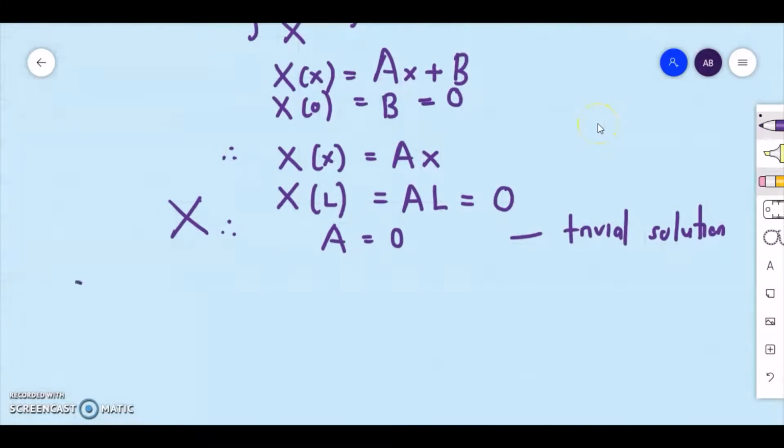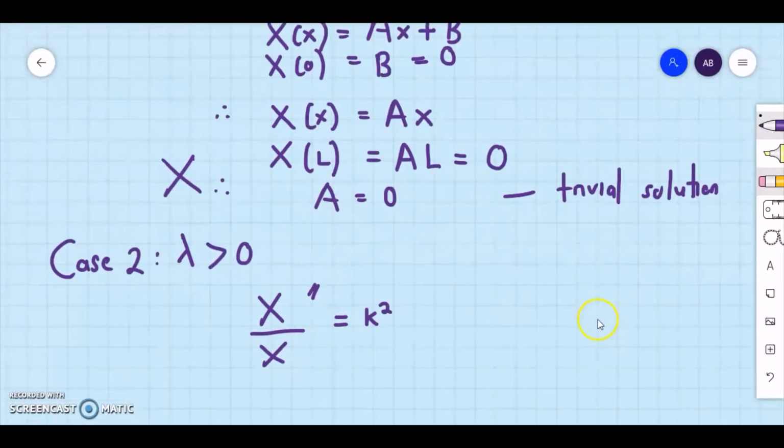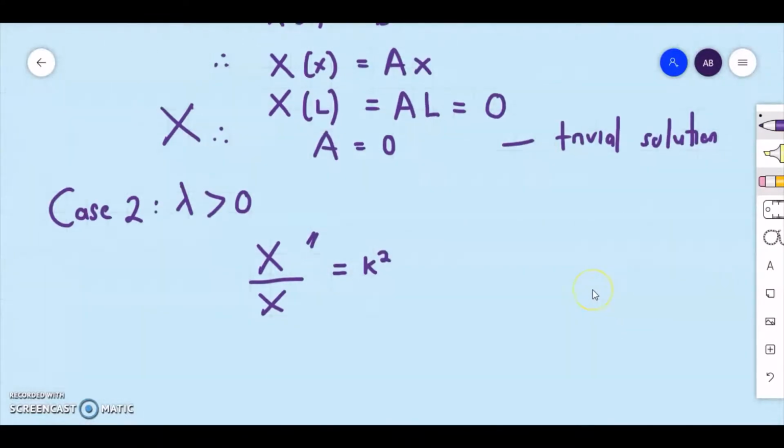Now let's look at case 2, when lambda is greater than 0. To do that, we need to consider a lambda value that is greater than 0, so I'm going to let it equal kappa squared. This is positive, so it will always be greater than 0. Now, we need to find the second derivative.